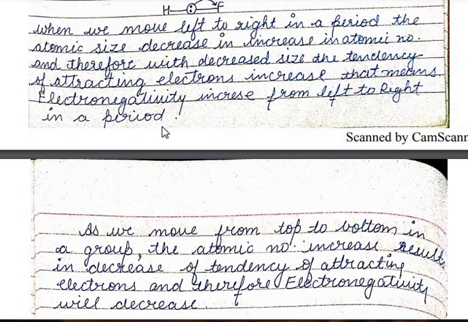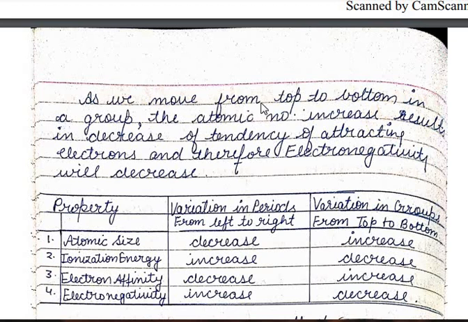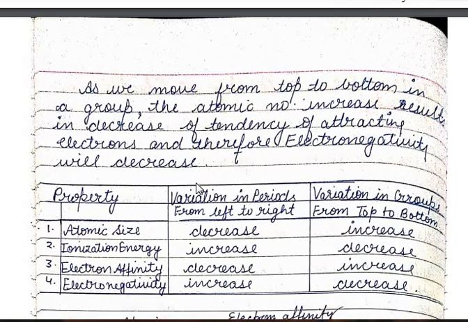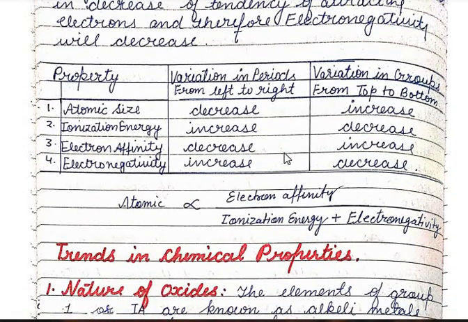As we move from top to bottom in a group, the atomic number increases, resulting in a decrease of tendency of attracting electrons, and therefore electronegativity will decrease.